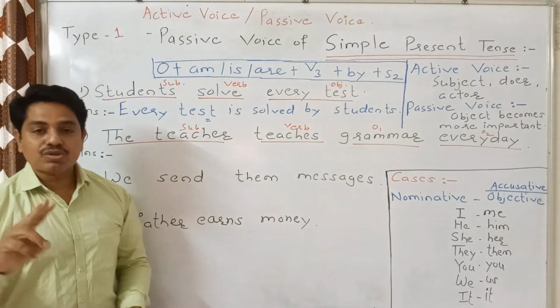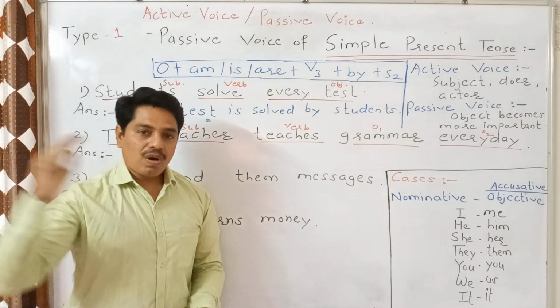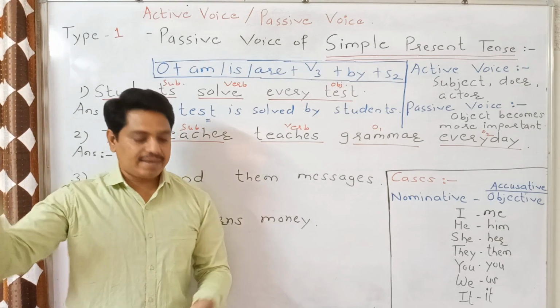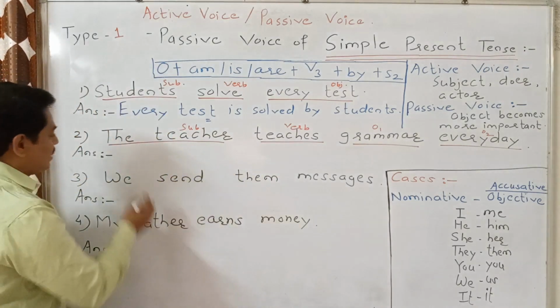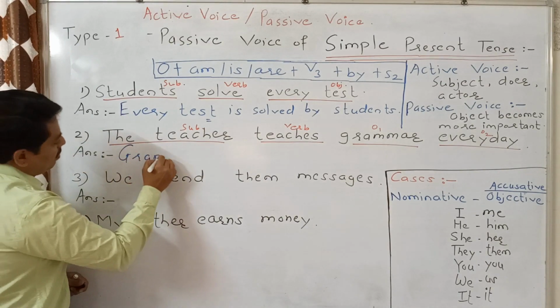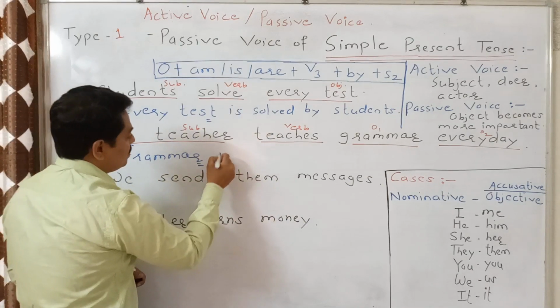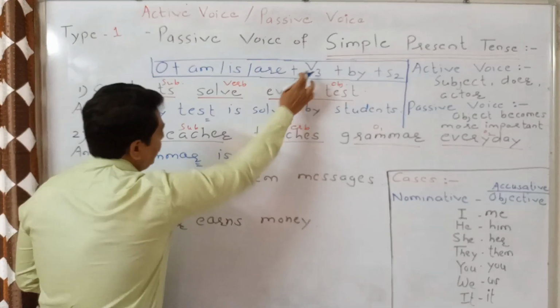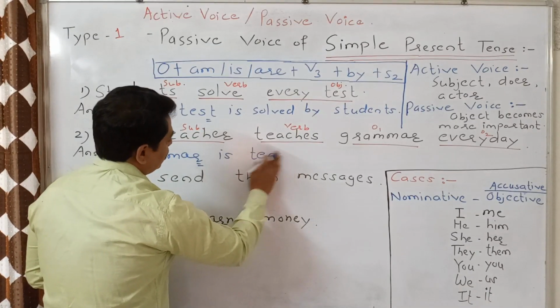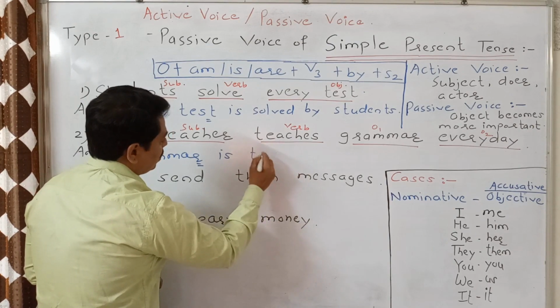Object number 2 should be written after V3, at the end of the sentence. So first we will write grammar. Again this is singular, so is. Grammar is plus V3: taught. Teach, taught, taught.